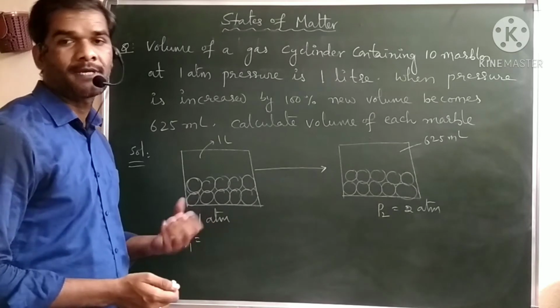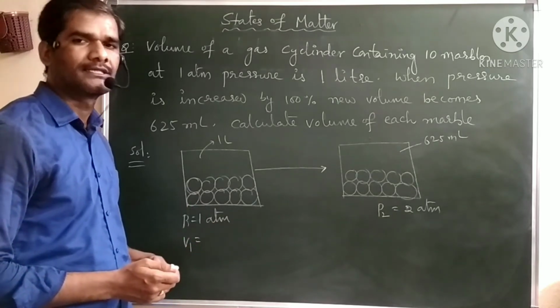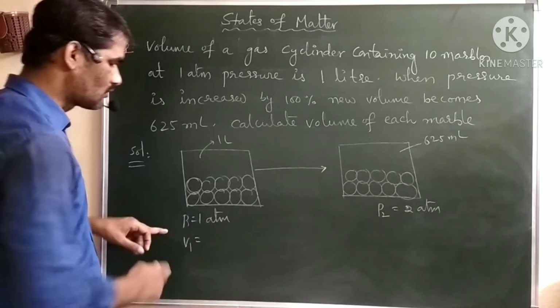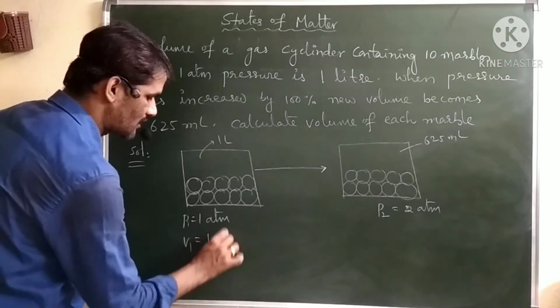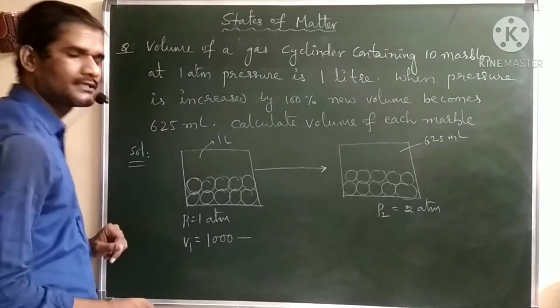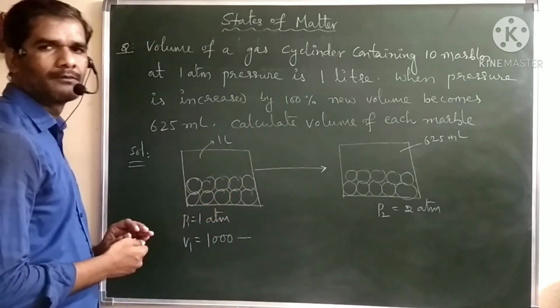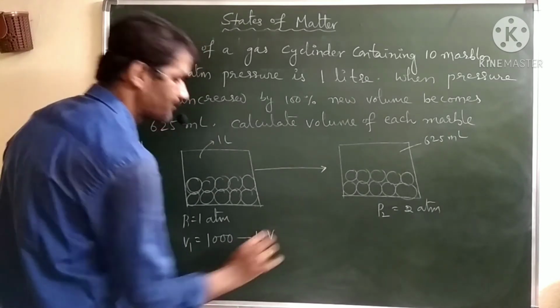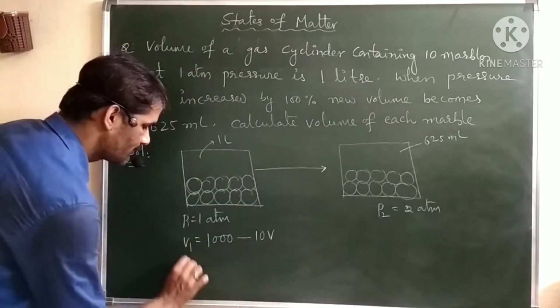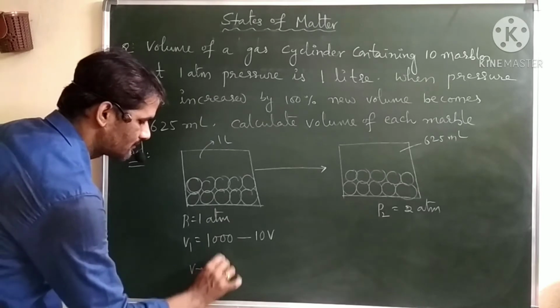So only some space is available for the gas to occupy. So the overall volume of gas in the first container is 1 liter, means 1000 ml, minus the volume of 10 marbles. Here let us assume each marble volume is V, where V is marble volume.